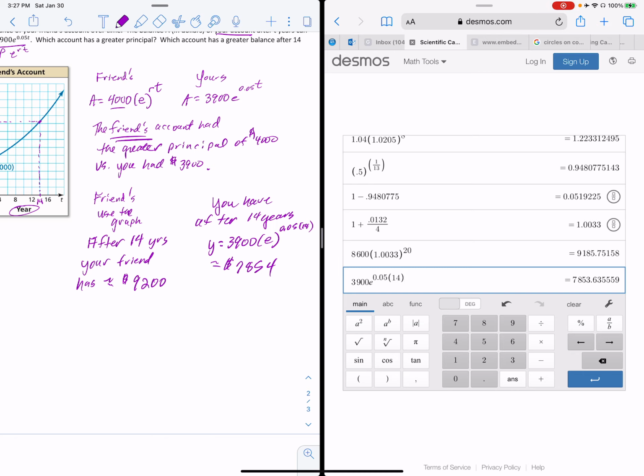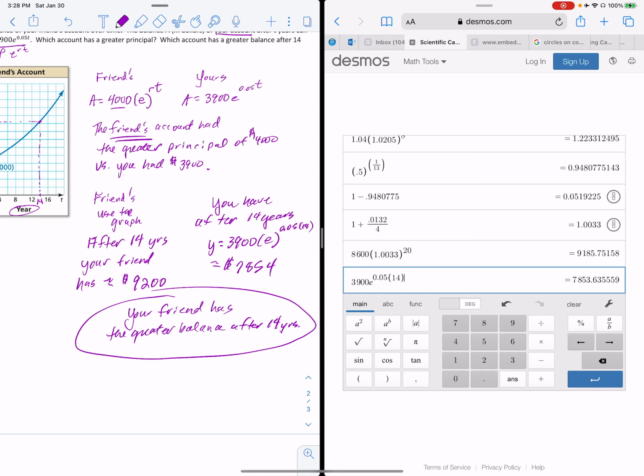And so you have to identify what your friend had, what you have, and then answer the question. So your friend has a greater balance after 14 years.